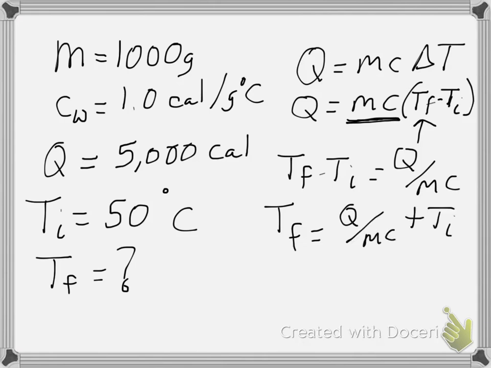Alright, so now I can plug in all my variables. Q is going to be my 5,000 calories. mc is going to be 1,000 times 1.